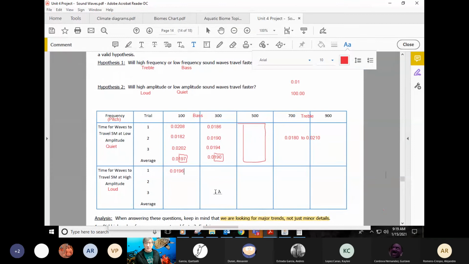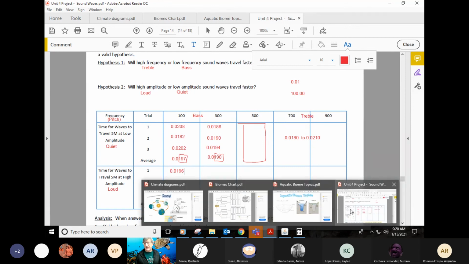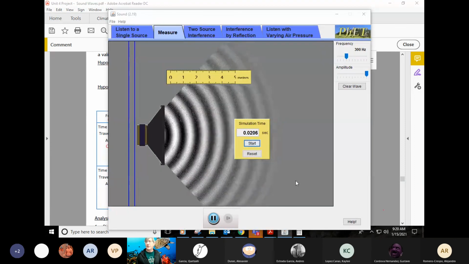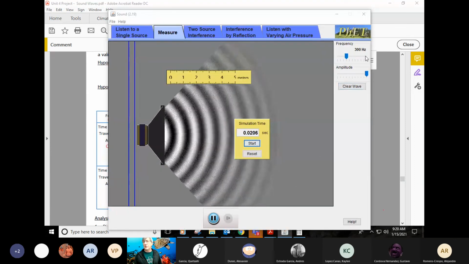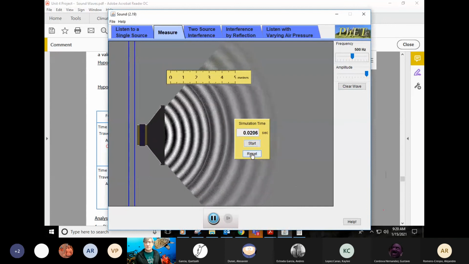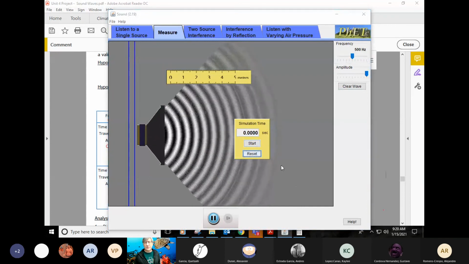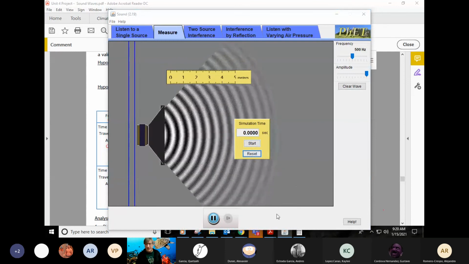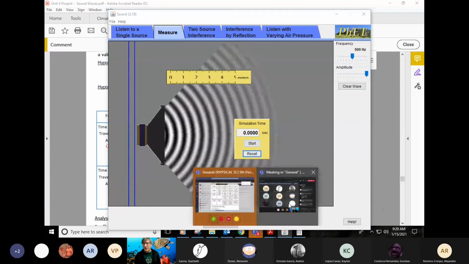Add those together and record your average down at the bottom, right? Add them together, divide by 3. I'm going to get ready for our next set. Please let me know if you need any numbers repeated.